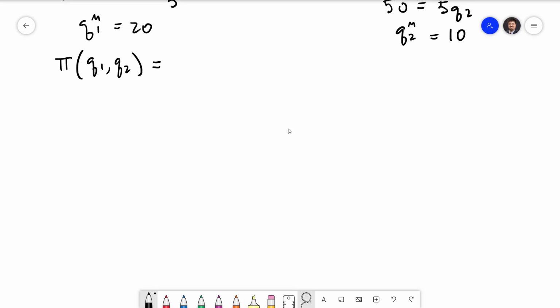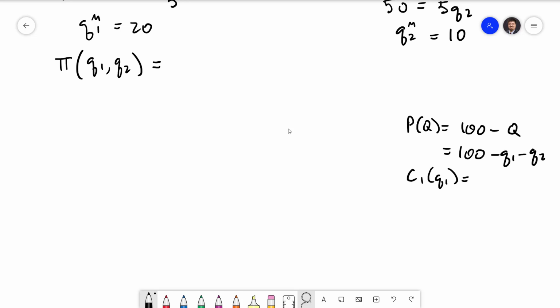Our inverse demand is P of Q equals 100 minus Q, which we can then write as 100 minus Q1 minus Q2. We want to make this entire problem in terms of our individual plant quantities. We also had our individual cost functions, which were C1 is Q1 squared, and C2 was 2Q2 squared.